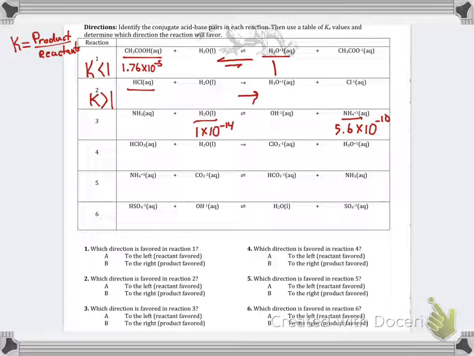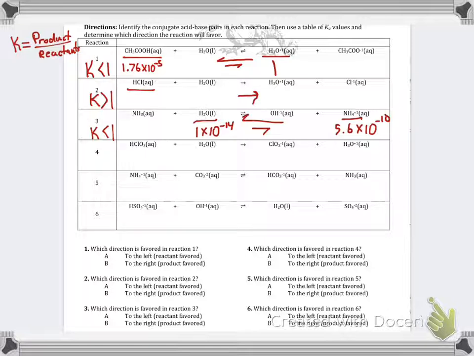So of these two, this one right here is the stronger acid because it's got the larger K value, which means that the reaction is going to be driven this way and it's not going to be so much driven that way. Again, because it's got a larger K value, it's going to drive the reaction towards the reactant side, which means that we will have more reactants, which means that our K value will be less than 1.